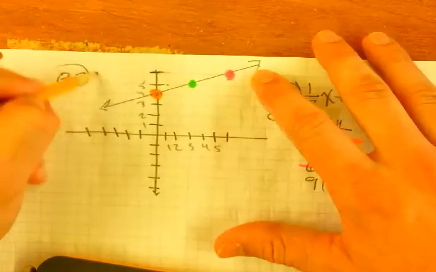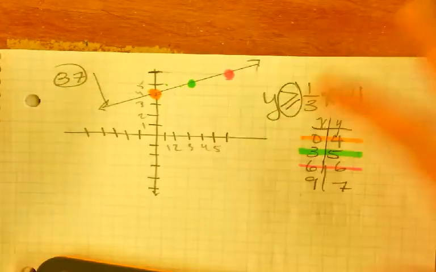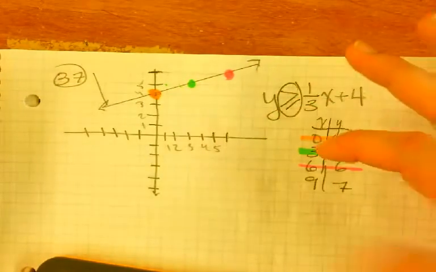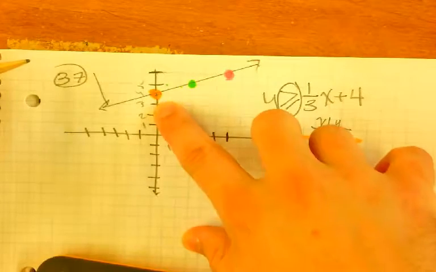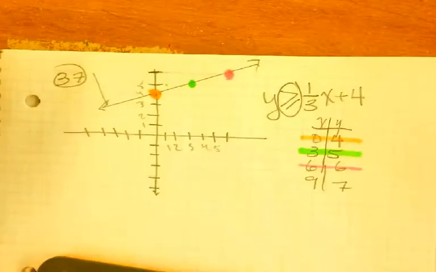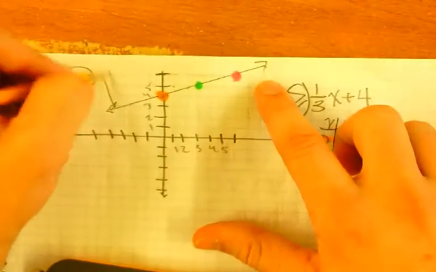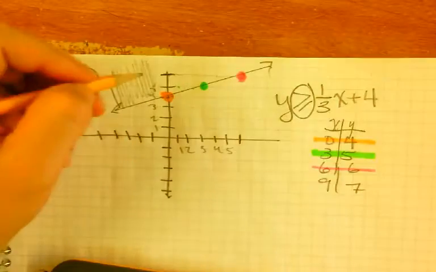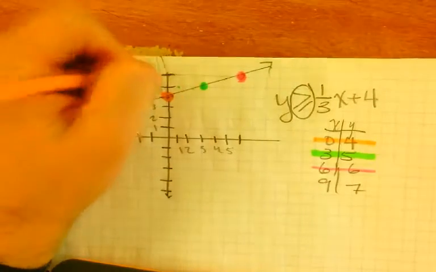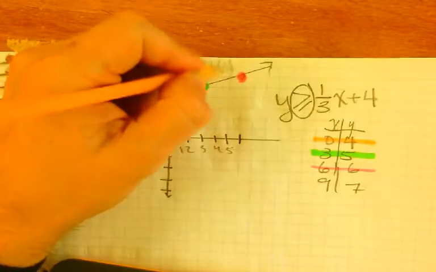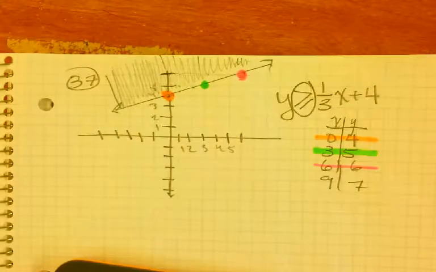So let's shade up. Porque dice mayor que o igual. Mayor que 4. ¿Qué es mayor? 5, 7, 8. So, color, color, color. En 5, en 7, 8, 9, infinito. All the way.